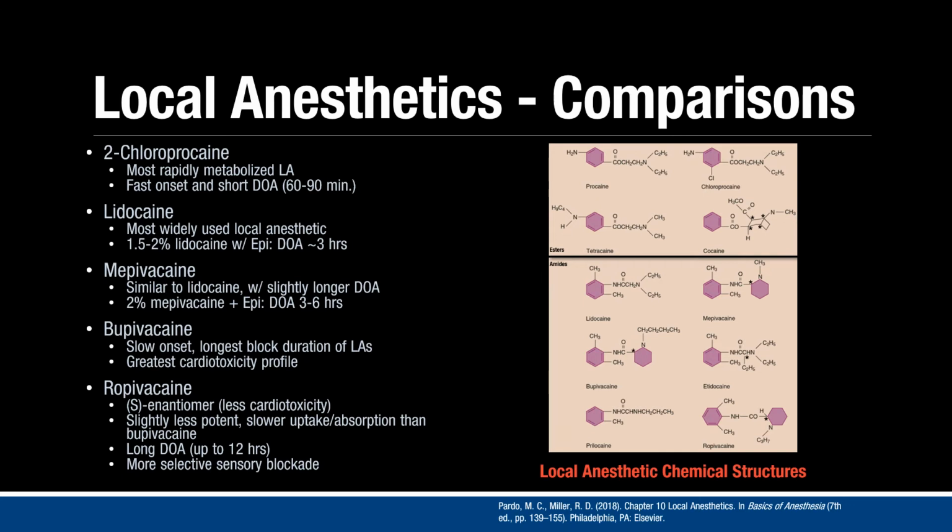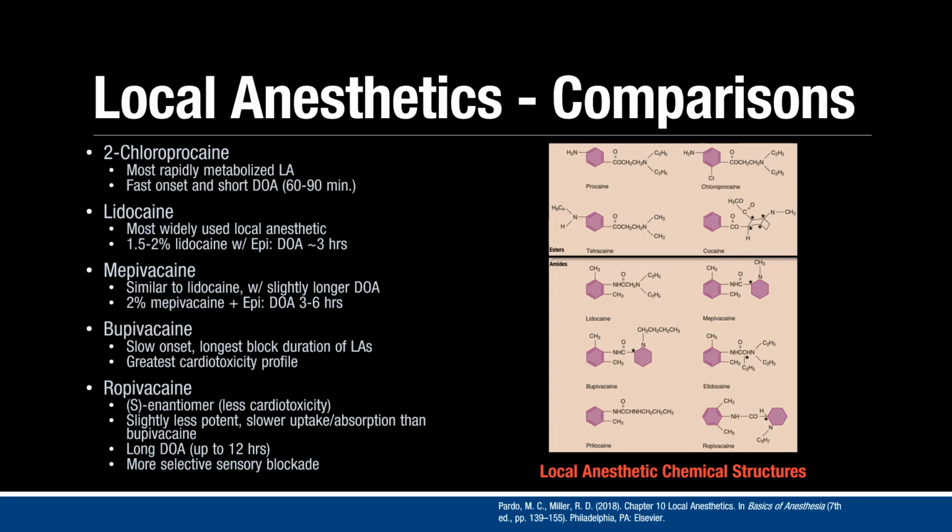So we can compare, we've been doing that a little bit, but just to drive the point home, we can compare the local anesthetics that we have available to us now that we know about their physicochemical properties and the three clinical properties that we care about: the time of onset, so how fast it works, the potency, and the duration of action.